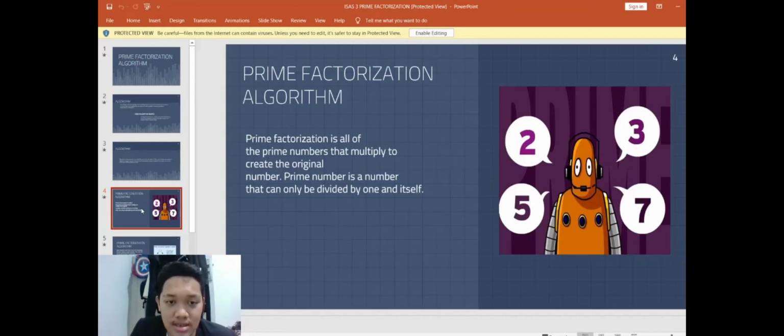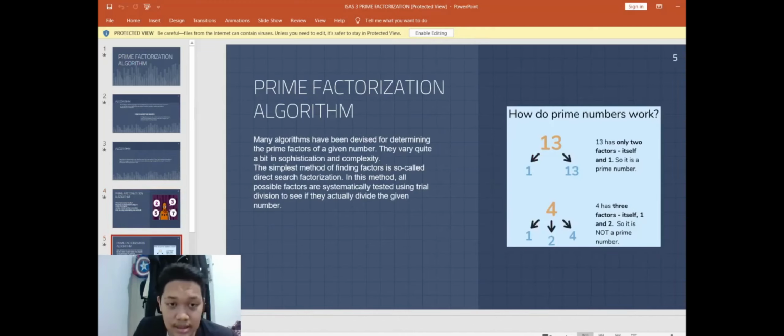Prime factorization is all of the prime numbers that multiply to create the original number. Many algorithms have been defined for determining the prime factors of a given number. They vary quite a bit in sophistication and complexity.